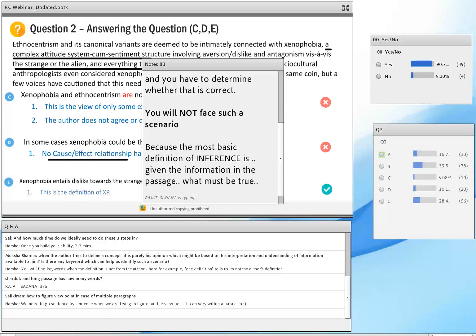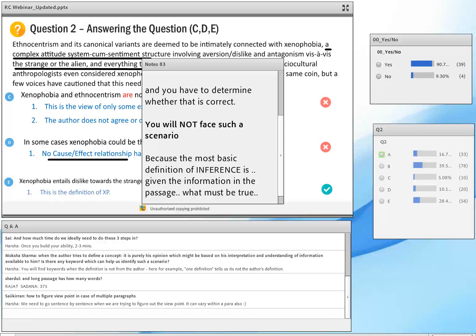The core definition doesn't really say that you shouldn't be able to read it out from the passage. That's something which is kind of an extended definition, but the basic definition is this: given the information in the passage, what must be true and what it is that the author believes to be true. Does that help?